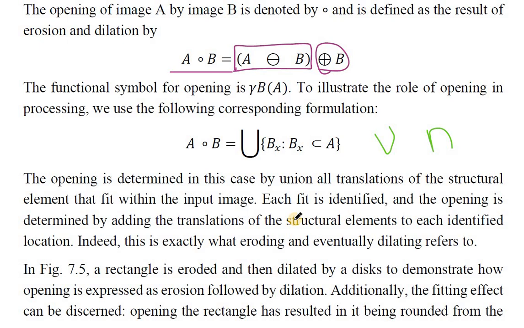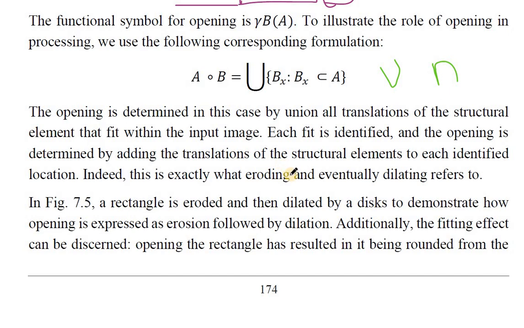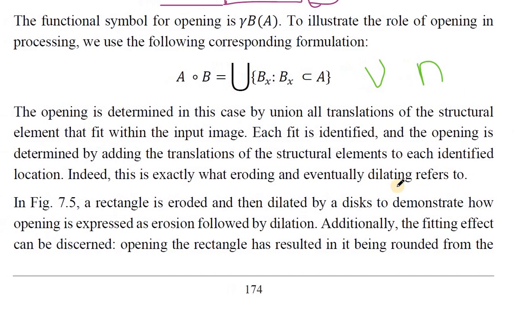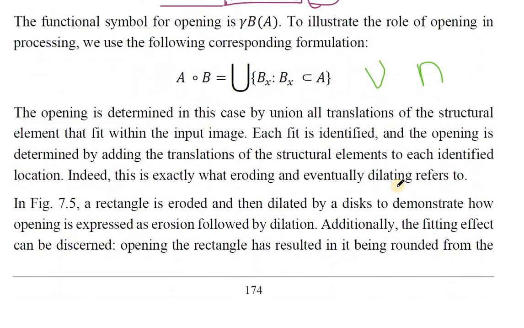So you move your structural element across your input image, and wherever it fits, take the union of all of that. Okay. Each fit is identified and the opening is determined by adding the translations of the structural element to each identified location. And this is exactly what eroding and then dilating refers to. First do erosion, and after that, dilate whatever result comes. Okay.